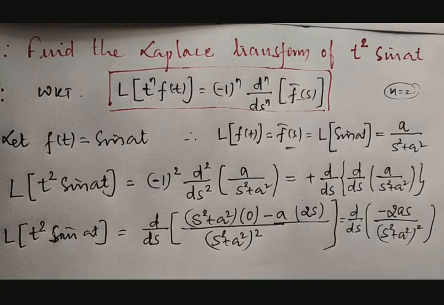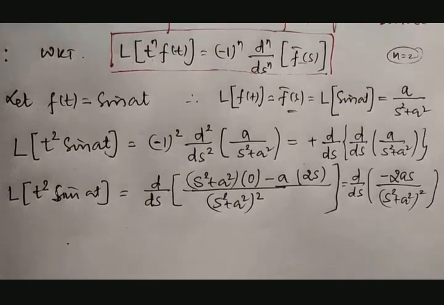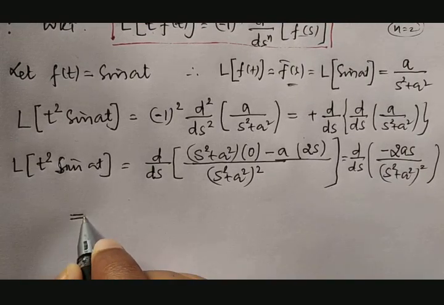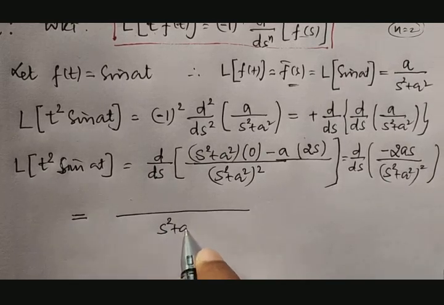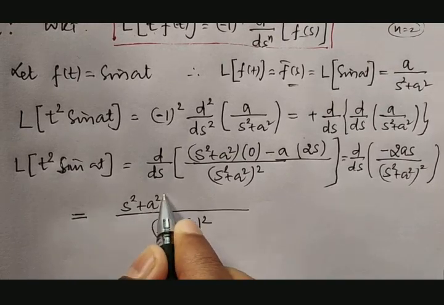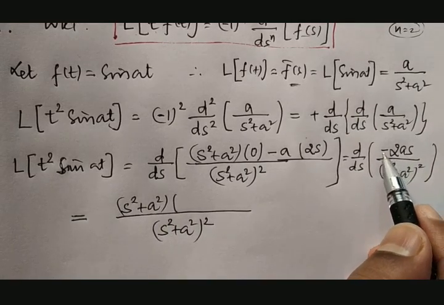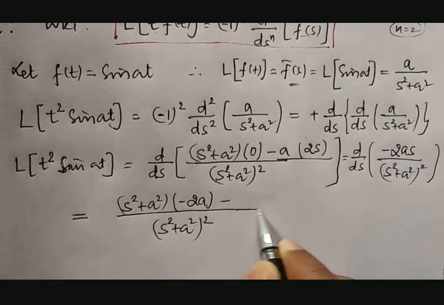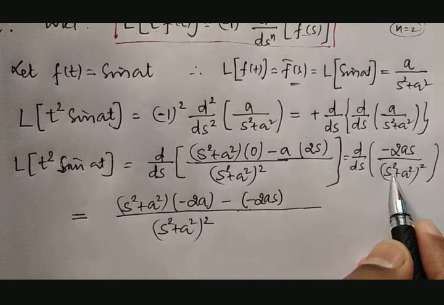Next, we differentiate this result once again with respect to s. Then we have the square of the denominator, that is s square plus a square the whole square, then the denominator, s square plus a square, into differentiation of the numerator, that is differentiation of minus 2as with respect to s, which is minus 2a, minus the numerator, minus 2as, into differentiation of the denominator.